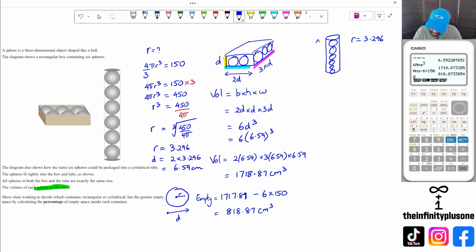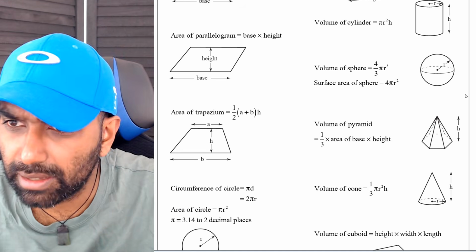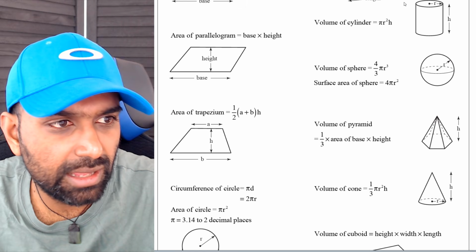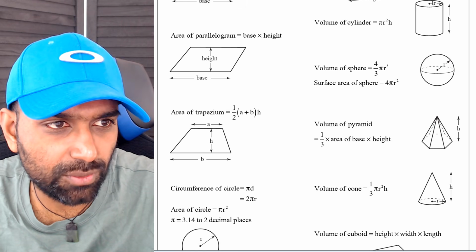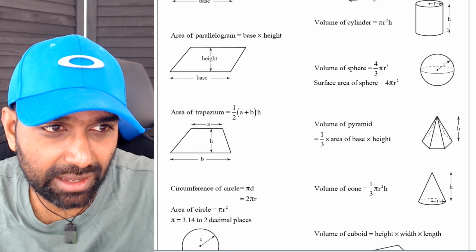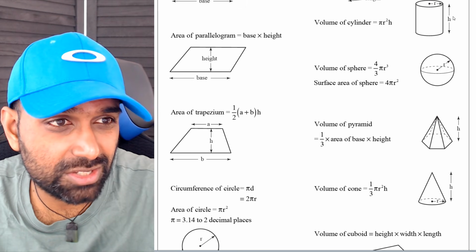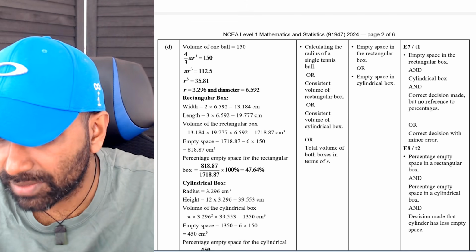So that means the height of the cylinder is 6 times the diameter. If we go back to the formula sheet, here's my cylinder. I need to figure out the volume of the cylinder. That's going to be pi r squared h. Now we've got the r. We also have the height, which is the six balls, so that's going to be 6 lots of the diameter.